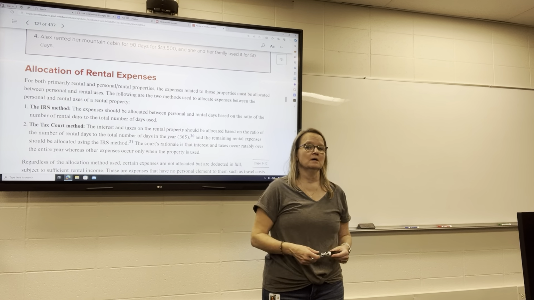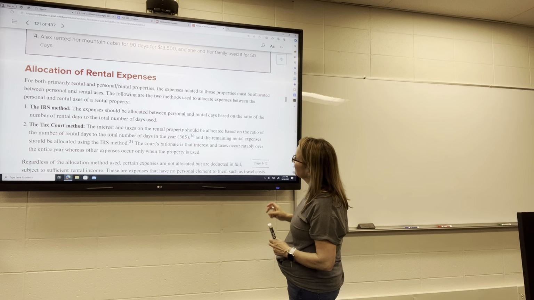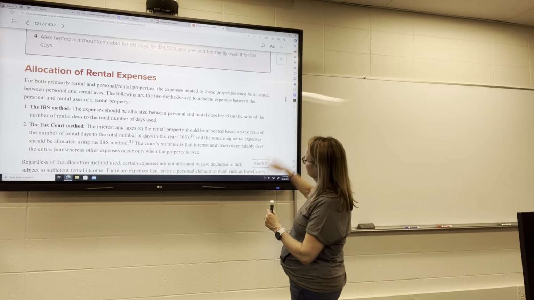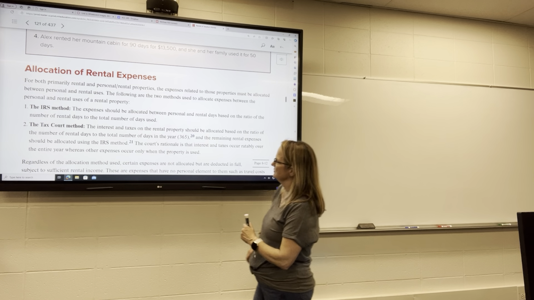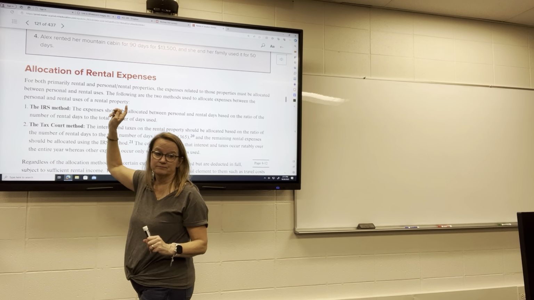Then we have items like utilities, which vary depending upon whether somebody's in the home or not. So we're talking about variable versus fixed costs here. There are a couple of different ways that we can allocate expenses when it's a personal slash rental property.